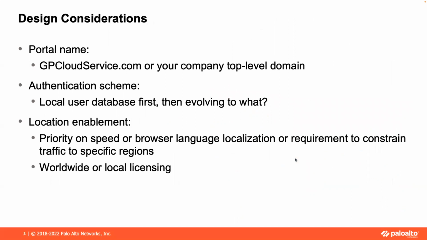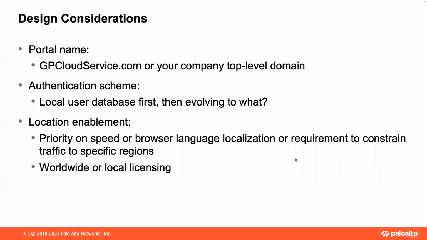Also, you need a portal name. So your mobile users are going to connect to a portal. That's going to be their initial connection. They're going to authenticate. And that portal needs a name. We have our own portal top level domain, gpcloudservice.com.